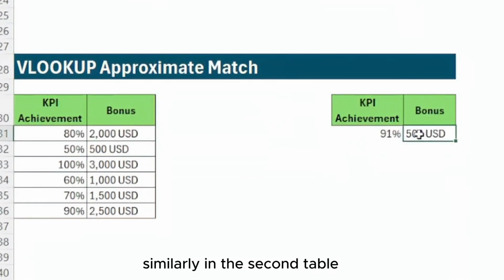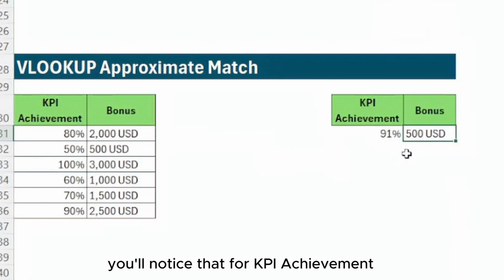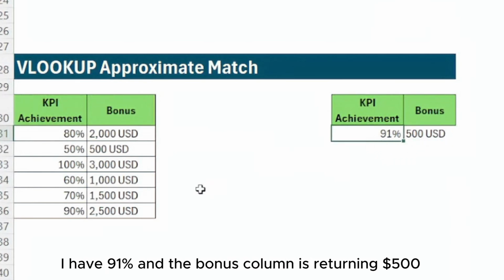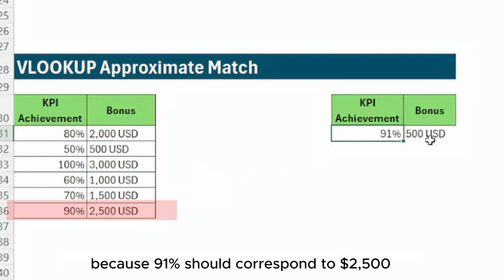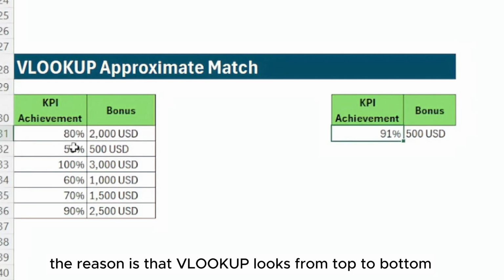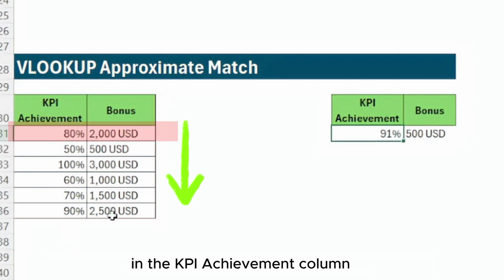Similarly, in the second table, you'll notice that for KPI achievement, I have 91%, and the bonus column is returning $500. This is incorrect because 91% should correspond to $2,500. The reason is that VLOOKUP looks from top to bottom in the KPI achievement column.